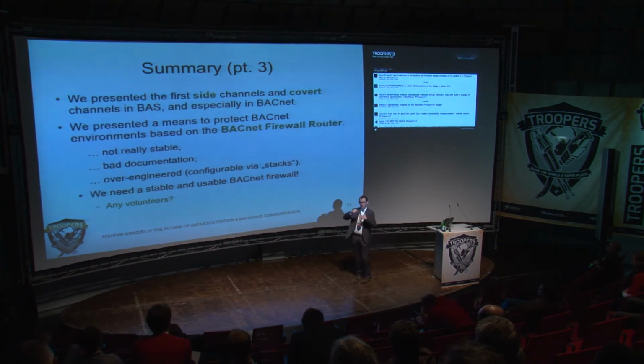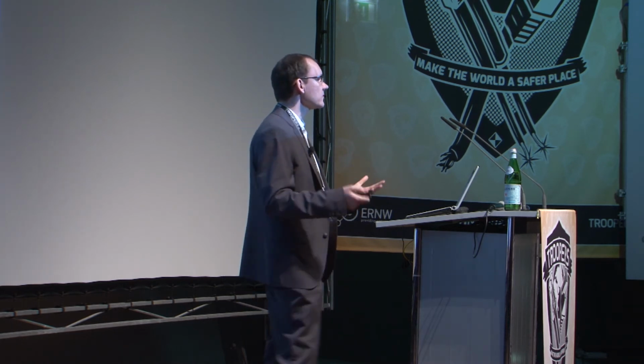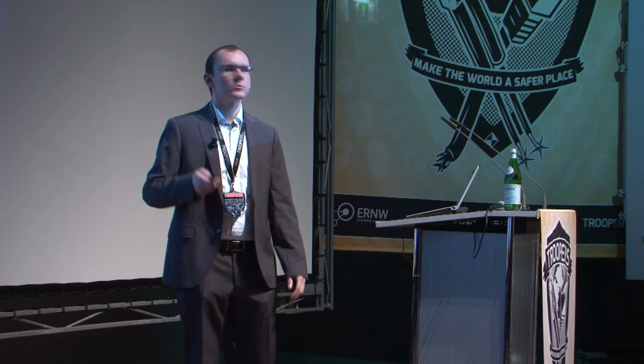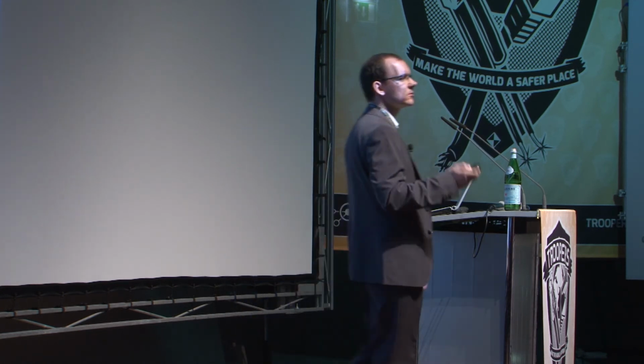It's a lot of XML you have to write, and you have to create stacks, and really the documentation is bad. So if there is any volunteer in the audience who wants to write a useful software, a good BACnet firewall software, I would really appreciate it. Let me know if you do that, and I will maybe include it in my next talks if it's stable. But the BFR is really, really crap, and I think the last release was 2007.